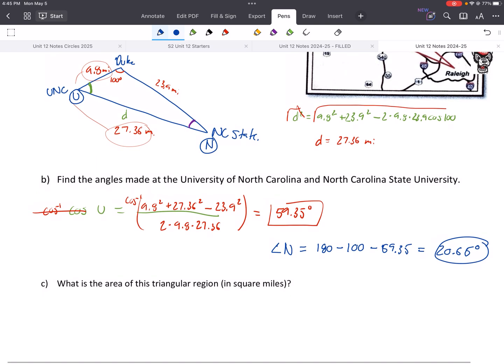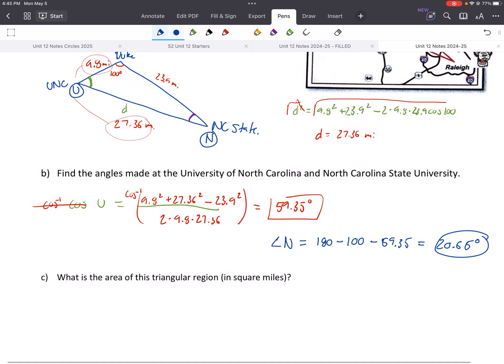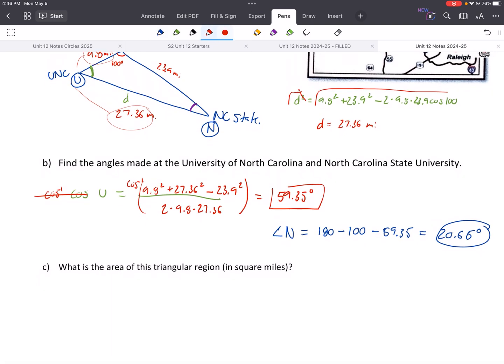And then the last thing that finishes everything, well, I guess not the law of sines. It says, what is the area of the triangle region, in square miles. So again, the equation for an area of any type of triangle is 1/2, and then we do the two included sides.